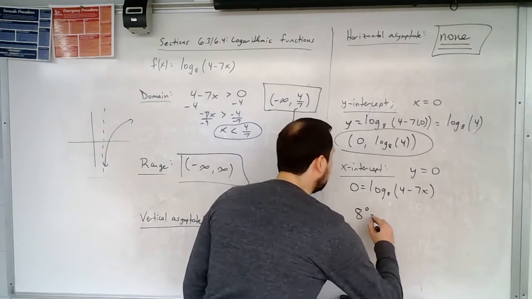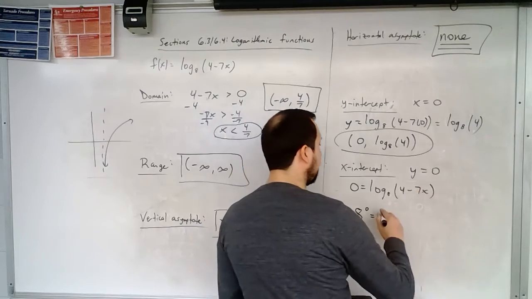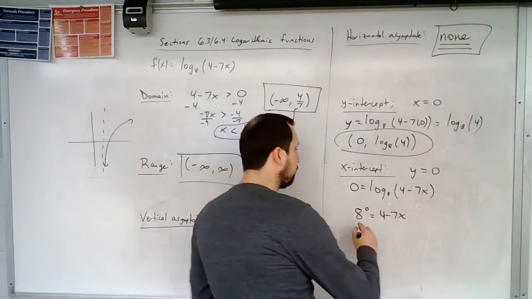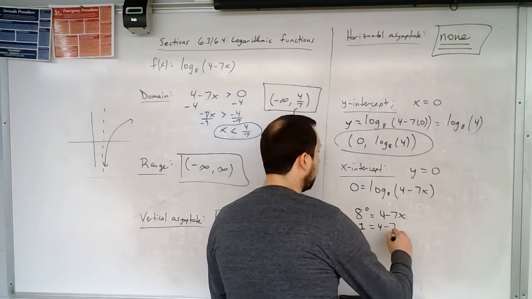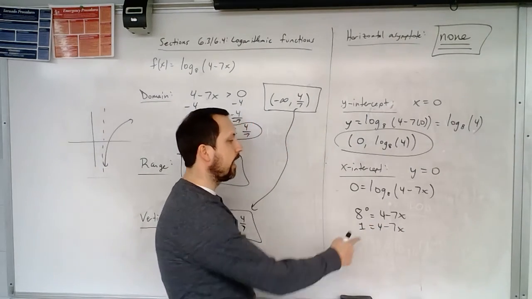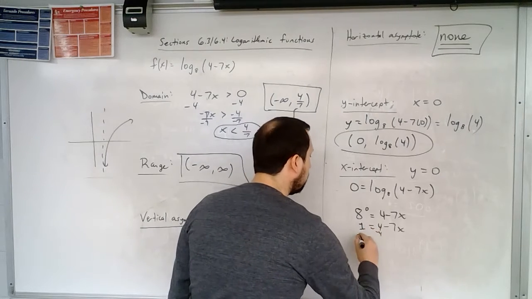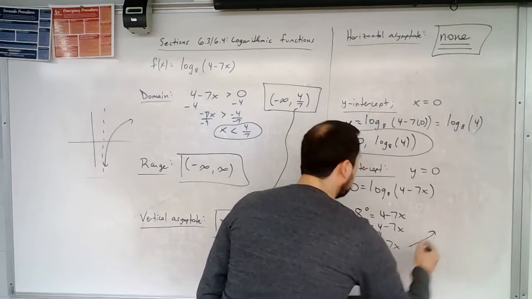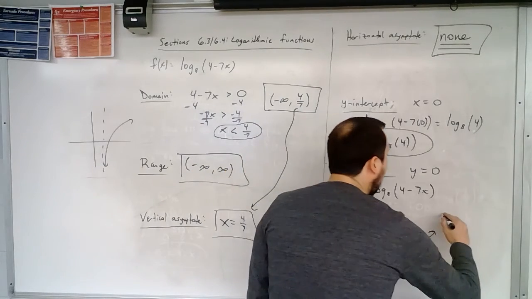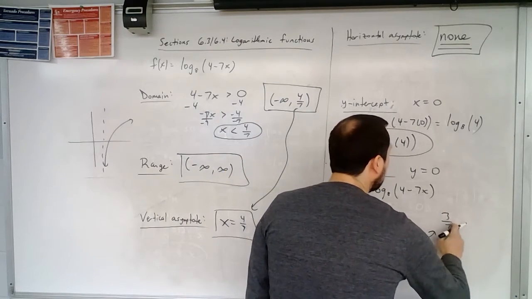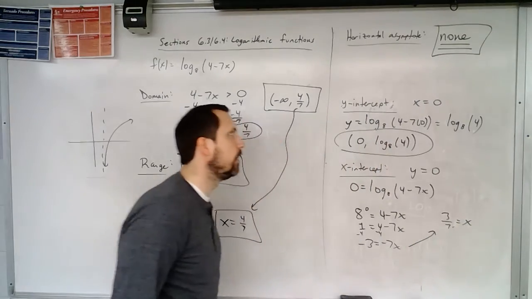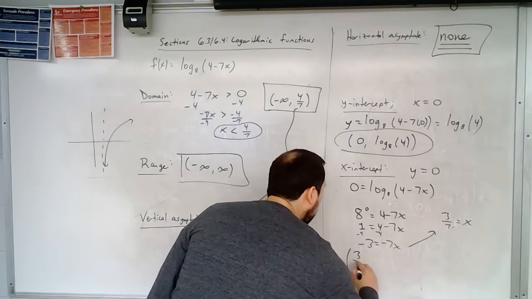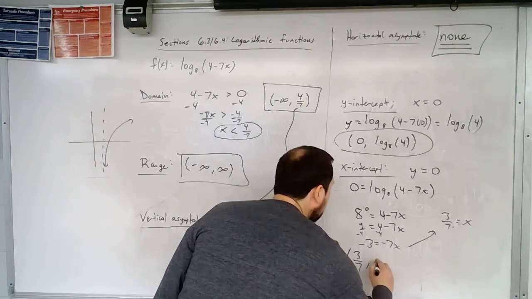So I have 8 to the 0 is equal to this inside, 4 minus 7x. So that 8 to the 0 is just 1, and that is 4 minus 7x. I subtract over the 4. So I have negative 3 is equal to negative 7x. And so this becomes, after dividing by negative 7, I have 3/7 is equal to x. And again, remember, this is a point. The x-intercept will be the point 3/7, 0.